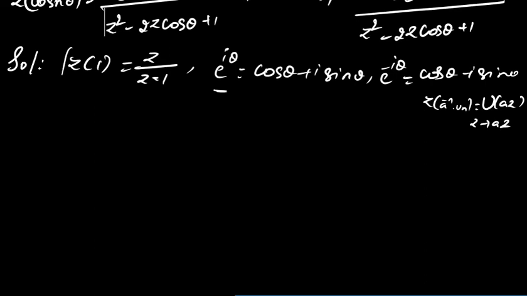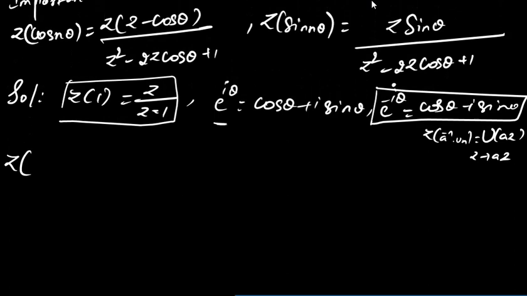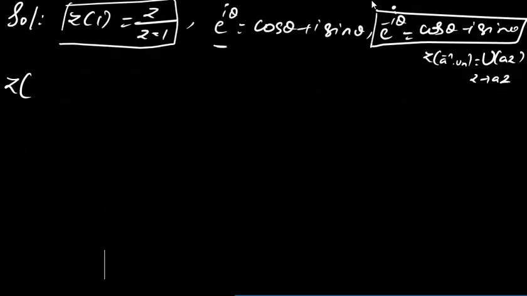Before that, you should know the Z transform of 1 and z. e to the power minus i theta is cos theta minus i sin theta. So let us take the transformation. You can see the question, we need to have cos n theta and sin n theta. So instead of e power i theta or minus i theta, I take e power minus i n theta, because I need cos n theta and sin n theta.